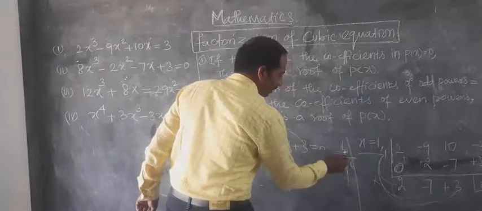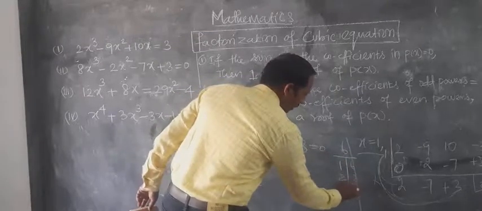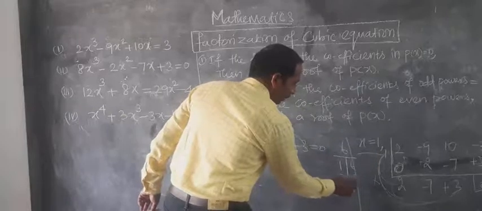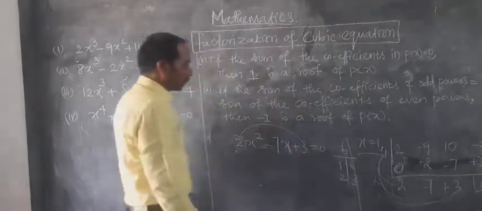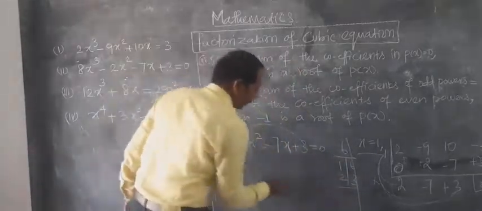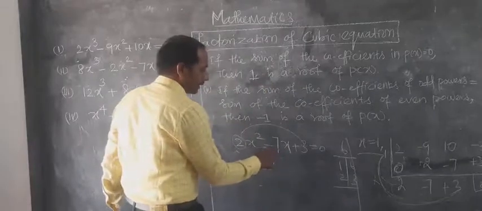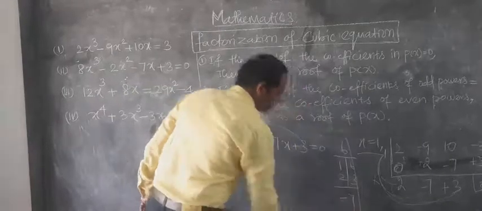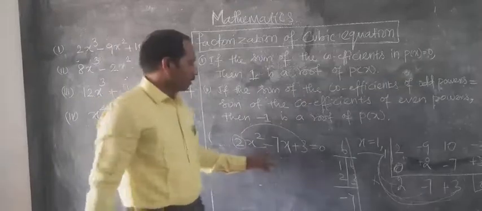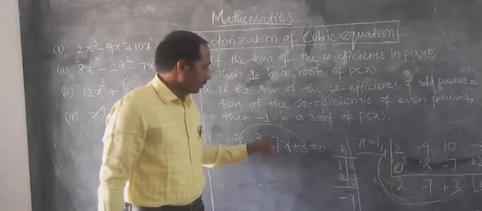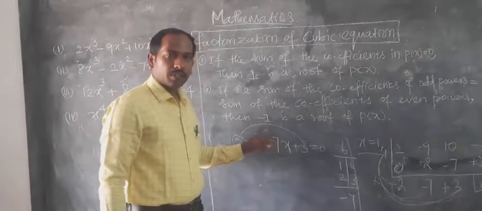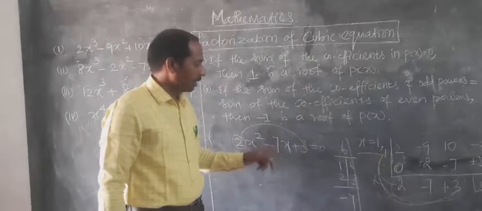This is the possibility. So next, 2 into 3, 6. It is over. But now you want to get the coefficient of x. What is it? It is minus 7. So sometimes I will give shortcut ideas.